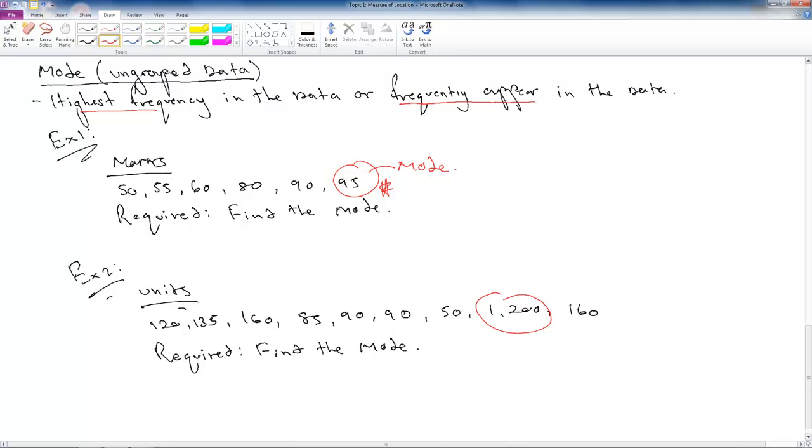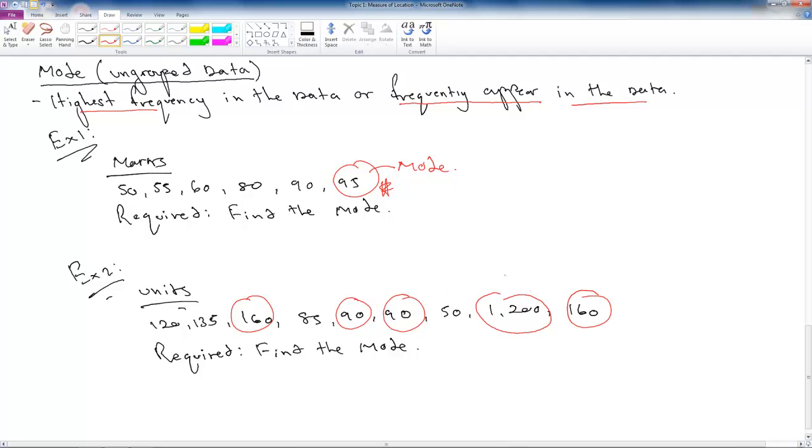You must look at frequently appear in the data, so you must go for the second theory. Why? Because in this example, 90 is appearing 2 times, and 160 is appearing 2 times.